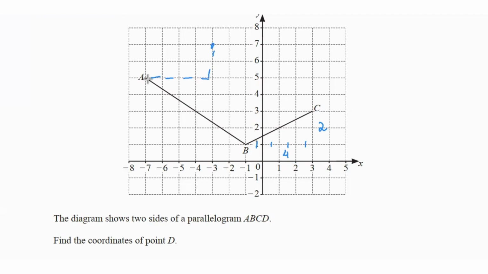Now if we connect the points, we can easily see that this is a parallelogram because these 2 sides are parallel and these 2 sides are also parallel. So the coordinates of D are negative 3 and 7.